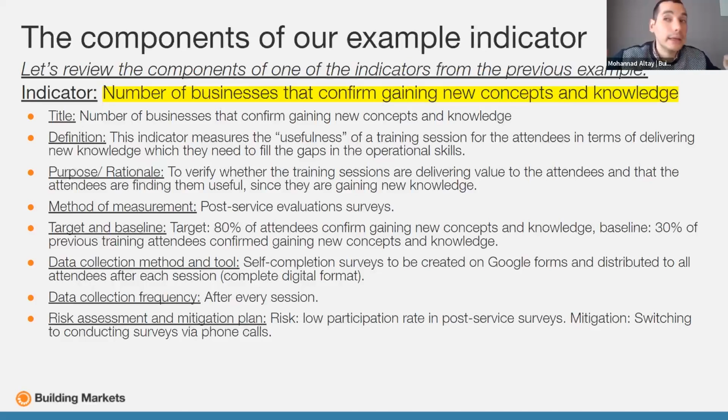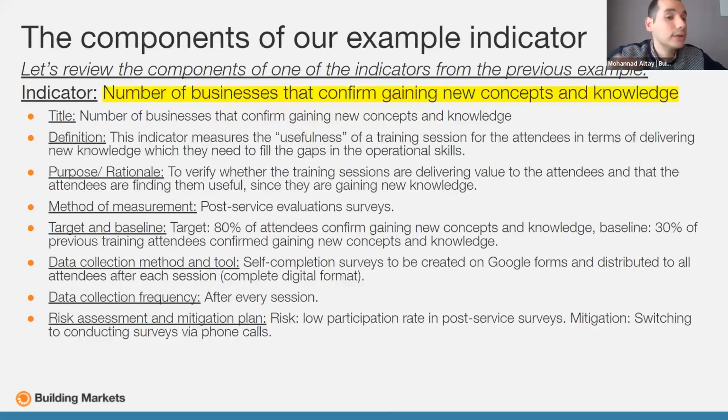No, it is in a simple language that anyone can understand. They don't have to be engaged in our project. If it is someone visiting us from the donor organization or from any other stakeholder, and they hear about this indicator, they can clearly and easily understand what the indicator means.